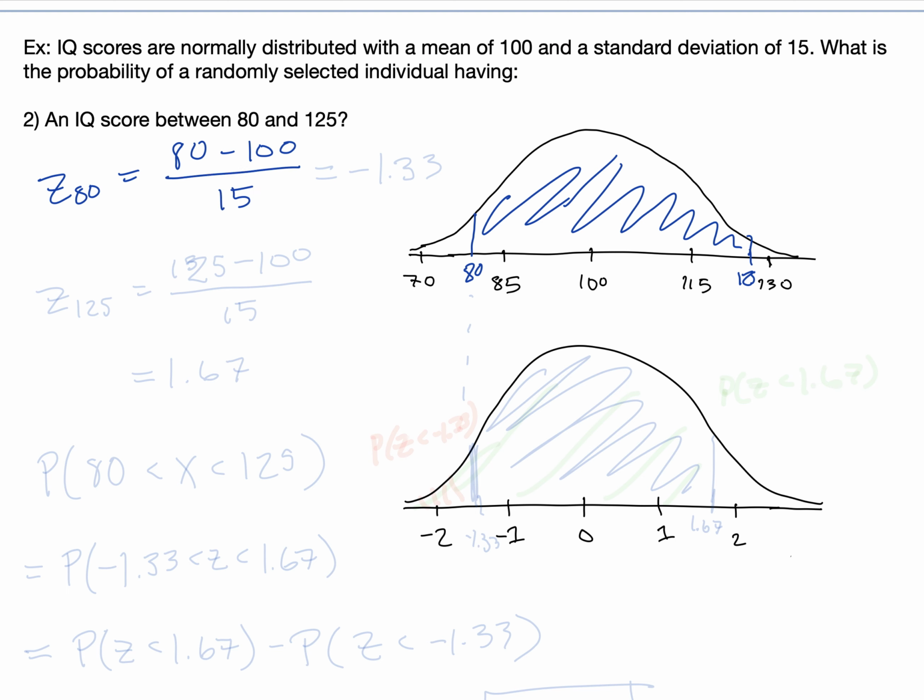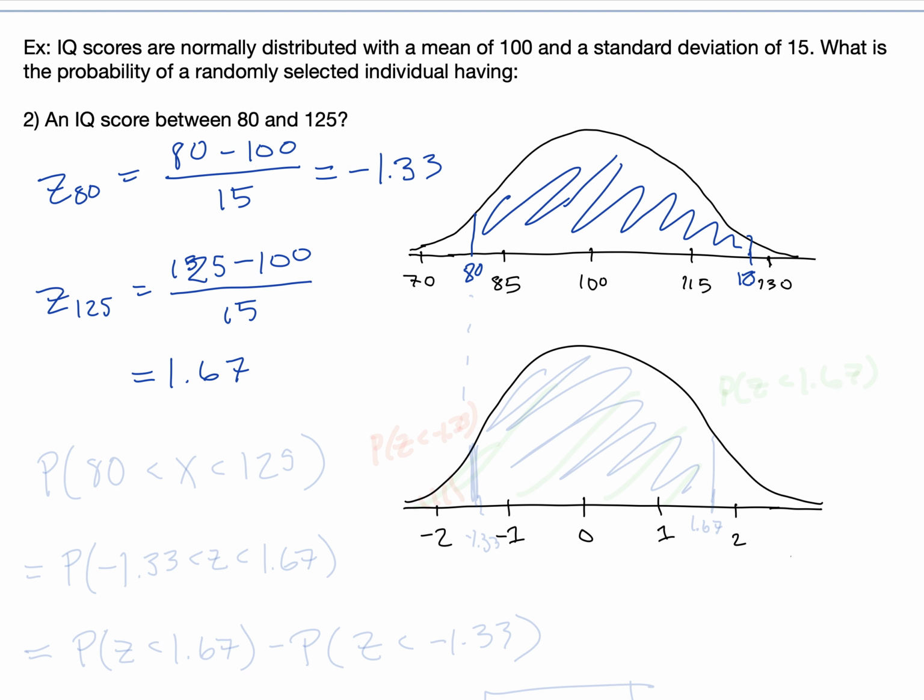And when we find that value, we'll get negative 1.33. If we do the z-score for 125, we've got the data value 125 minus the mean divided by the standard deviation. And when we calculate that, we'll get 1.67.